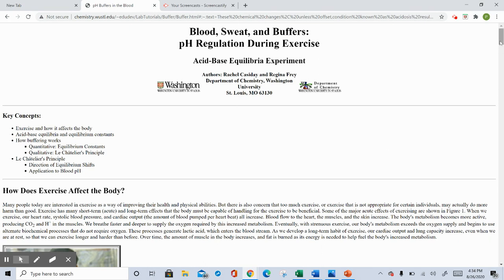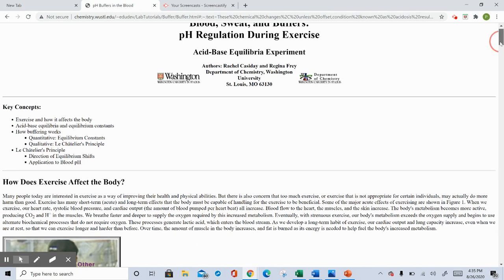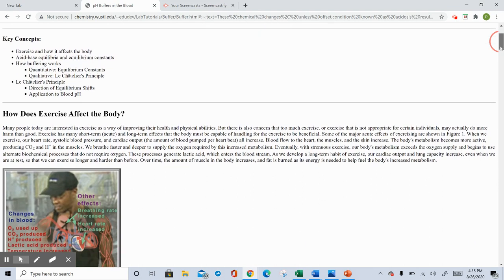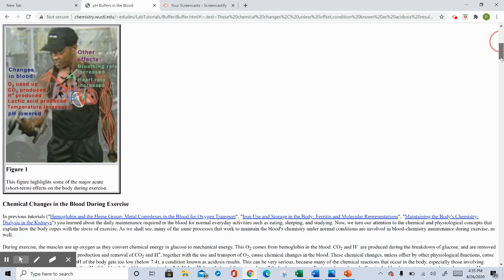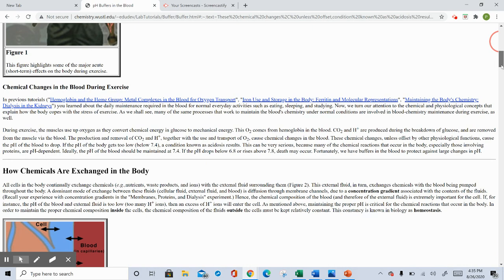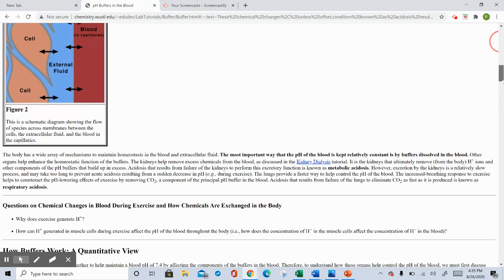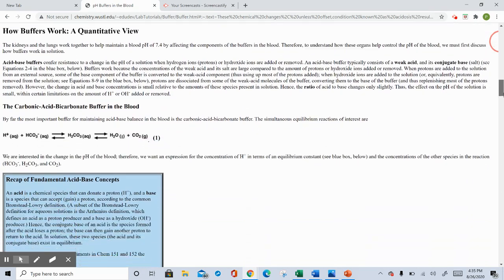This is Blood, Sweat, and Buffers: pH Regulation During Exercise. It's from Washington University, Department of Chemistry. It's a really great article. So I would read it and look at all the great pictures that it has. It has a lot nicer pictures than the one I've drawn.